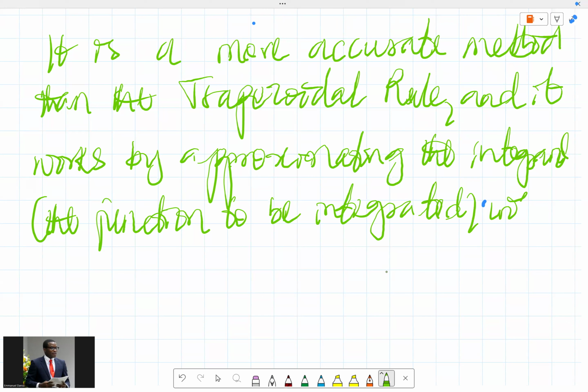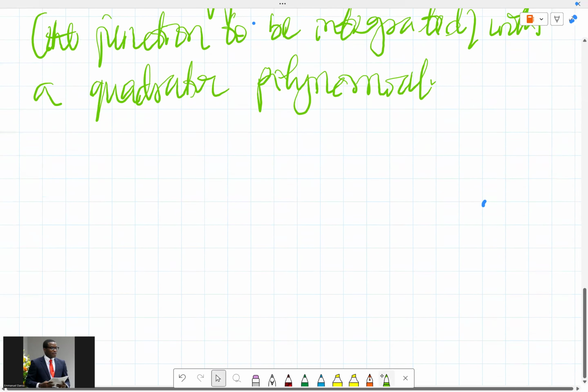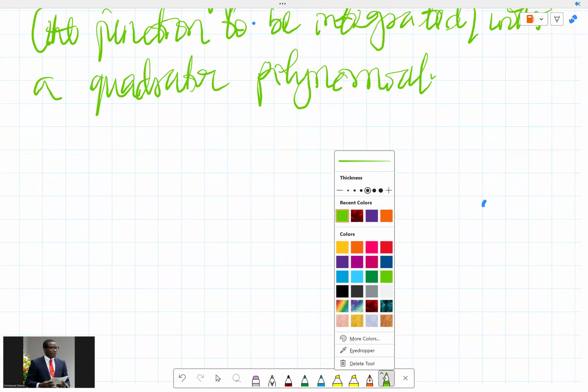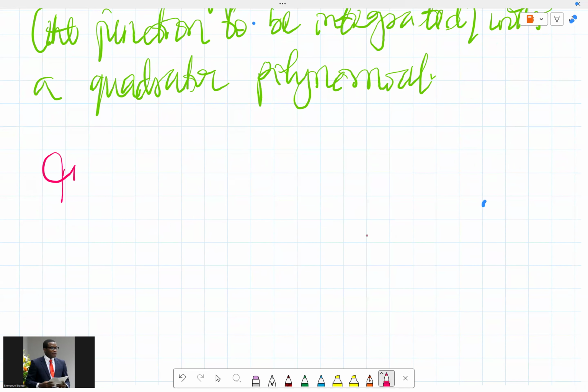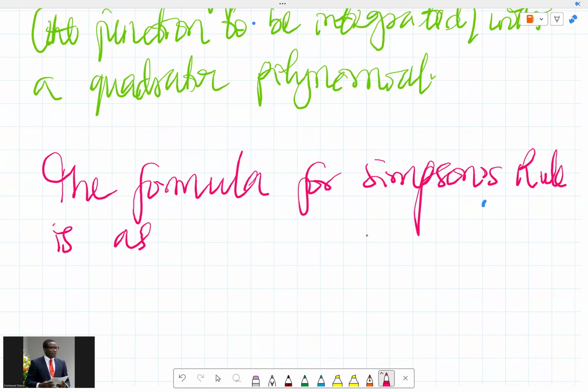So it approximates the integrand with a quadratic polynomial. Okay. So the formula for Simpson's rule is as follows.